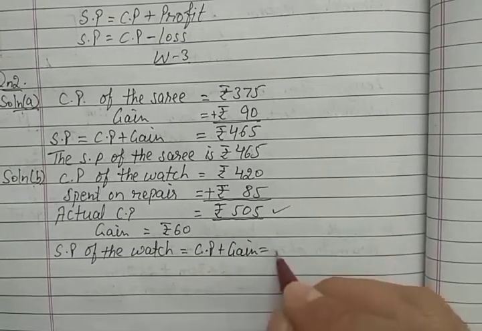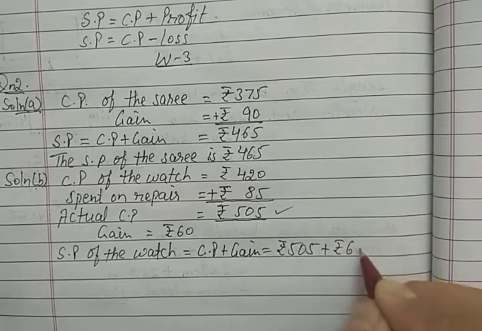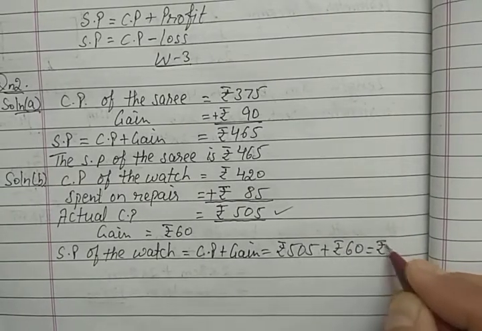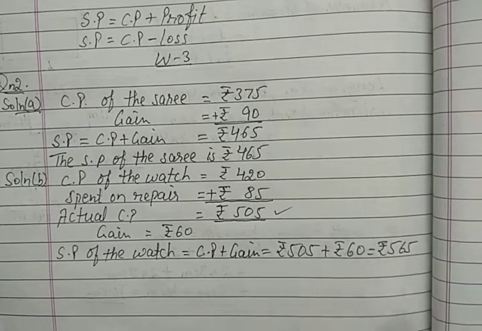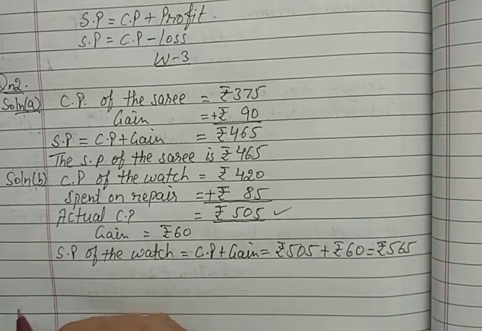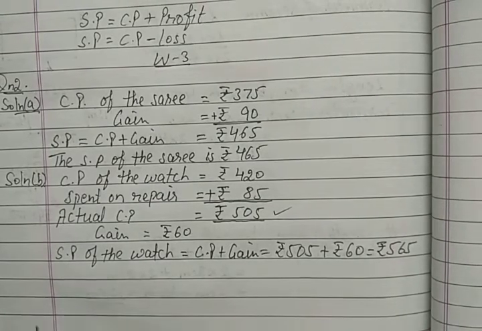That is rupees 505 plus rupees 60, and the answer is rupees 565. Right? So the selling price of the watch is rupees 565.